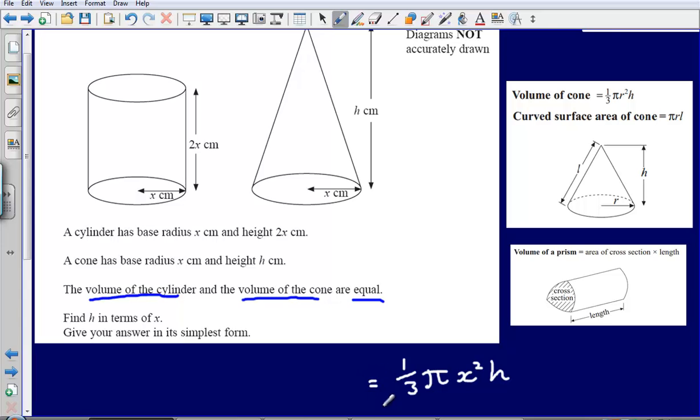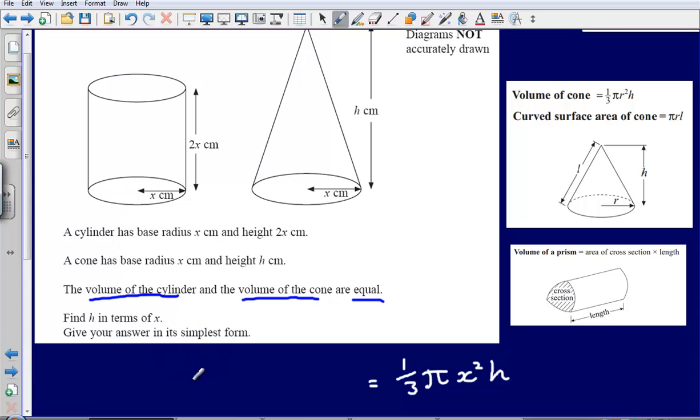Now what we're told is that that is equal to the volume of this cylinder. Well, as we can see here, volume of a prism is the area of the cross section multiplied by the length. The cross section is simply the face that runs through the entire prism, in this case the entire cylinder, so it's a circle. We're told the radius is x.